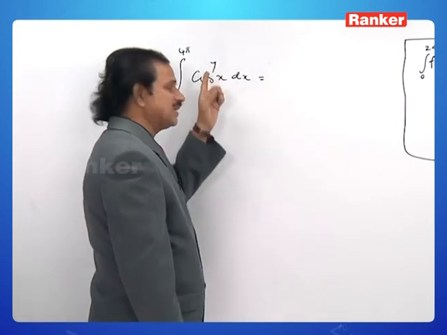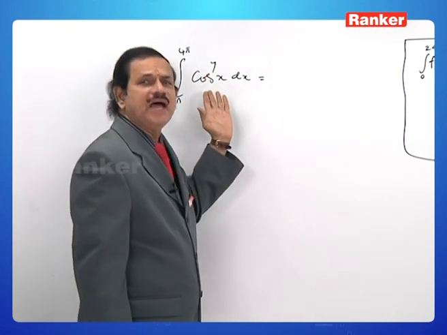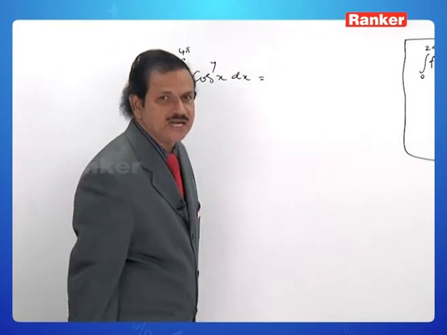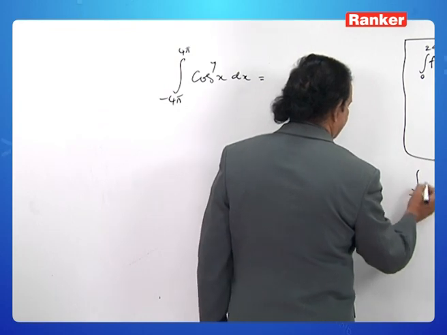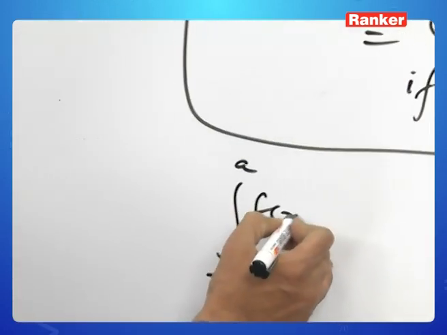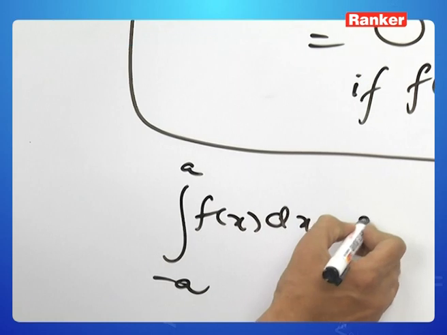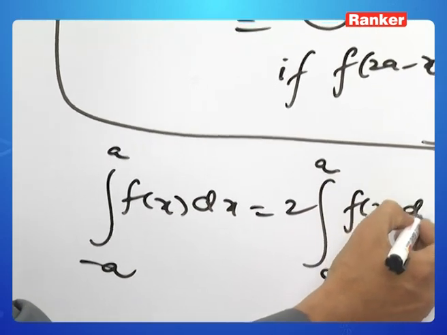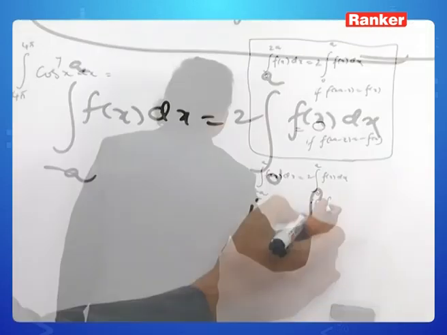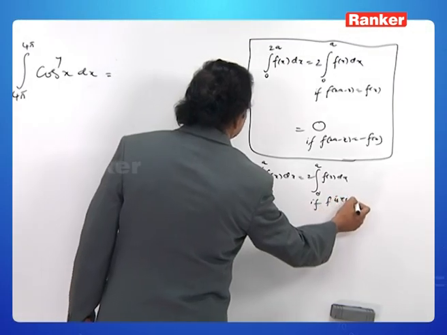Irrespective of the exponent present here, this is surely an even function. As it is an even function, by encashing the formula integral minus a to a f of x dx is equal to 2 into integral 0 to a f of x dx, provided f is even.